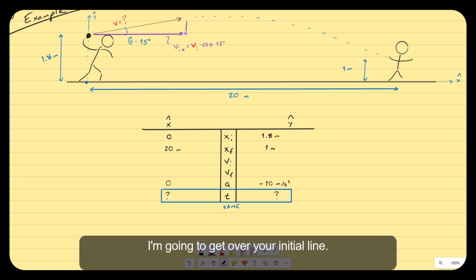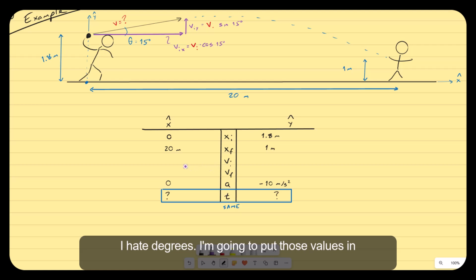I'm going to get over here a V initial Y, and that's going to be equal to a V that I don't know, times the sine of 15 degrees.